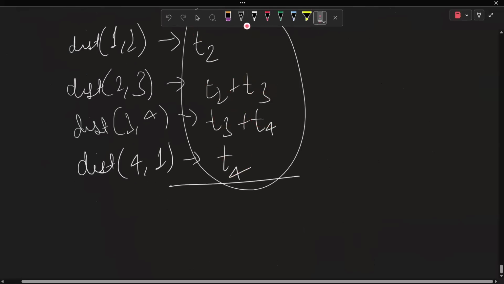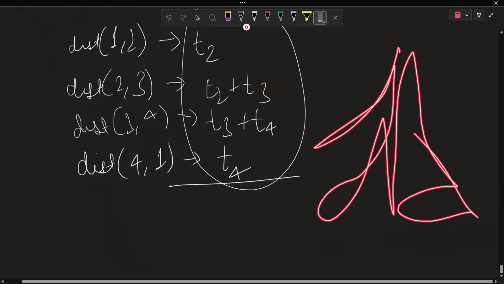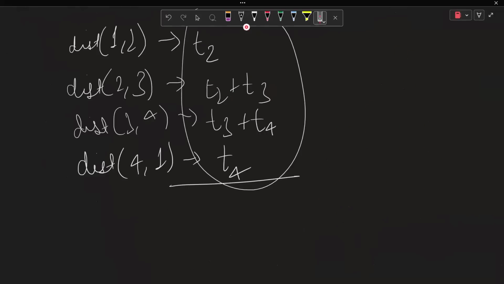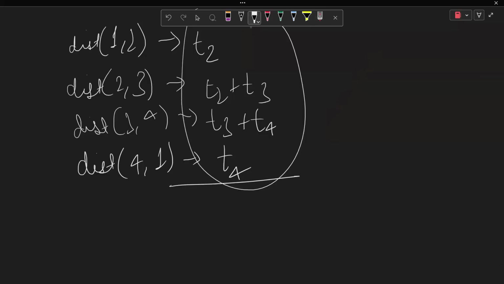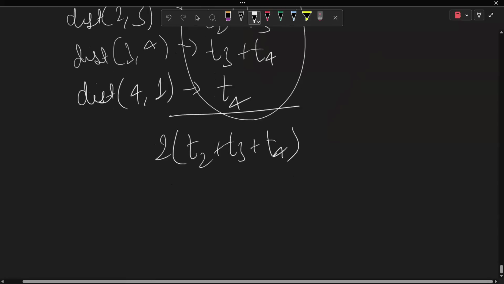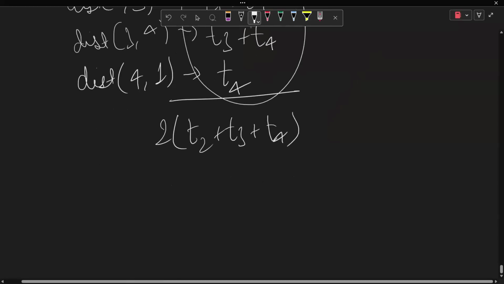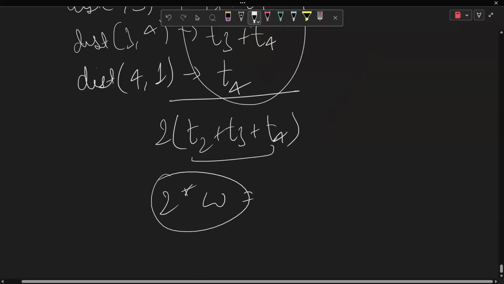So if you look at any tree which has this consecutive ordering, if you do the complete DFS traversal, for every edge, you would travel one time while going and one time while backtracking. So every edge would be traversed 2 times. Your final answer is basically 2 times T2 plus T3 plus T4. So it would be 2 times the sum of weights of all the edges. And when all the weights are known, you know the sum of weights is W. It would be 2 times W, your final answer.